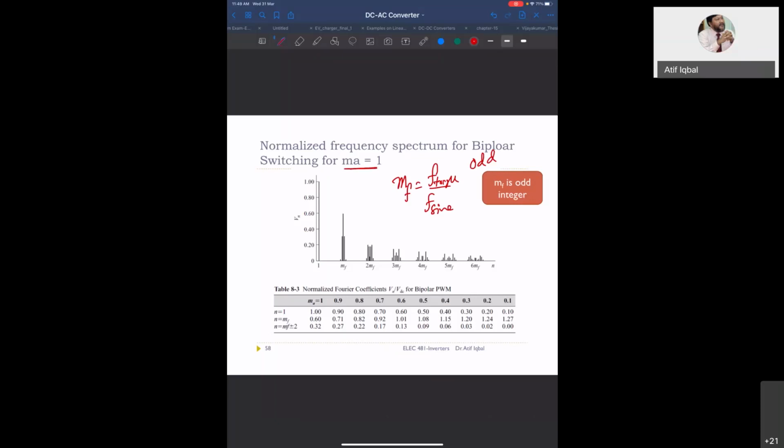And the modulation index, amplitude modulation index, or simply modulation index, is 1. That means it is operating at 100% modulation. Then the harmonic spectrum will look like this. You will have a fundamental, normalized, so it is 100%, like 1 per unit. Then you will have harmonics at MF, 2 MF, 3 MF, 4 MF, like this.